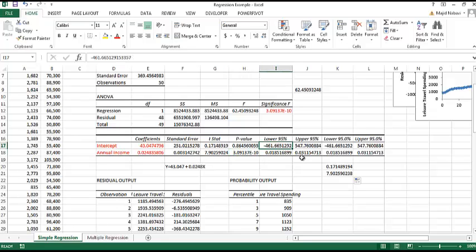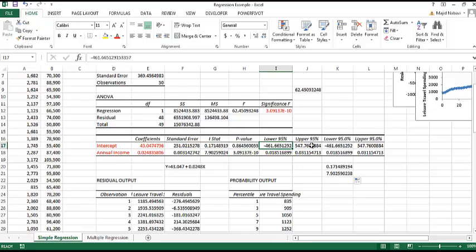Upper and lower confidence intervals also show us that, for example, the coefficient for intercept calculated as 43, with 95% confidence, is between negative 461 and positive 547.